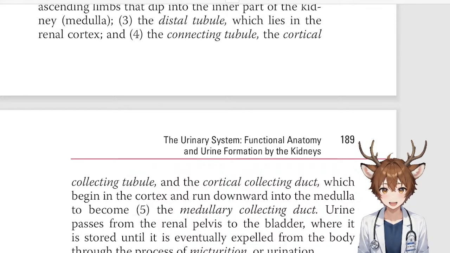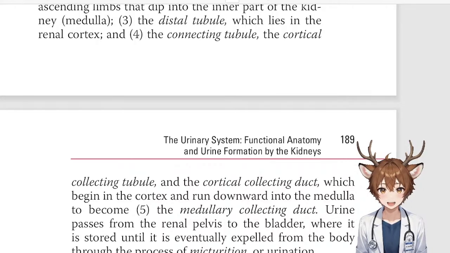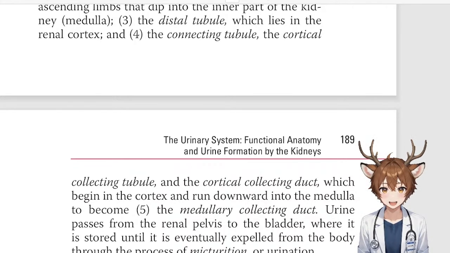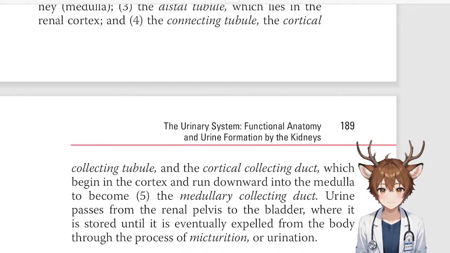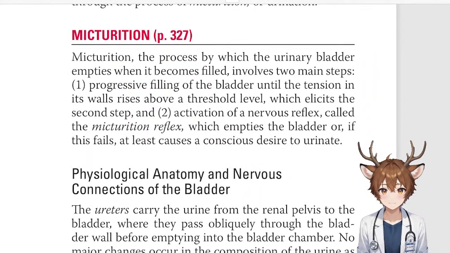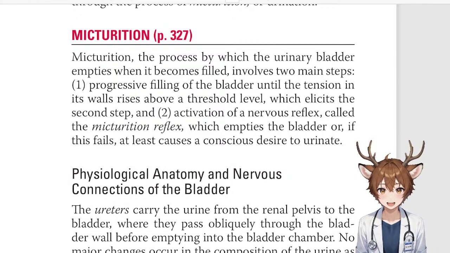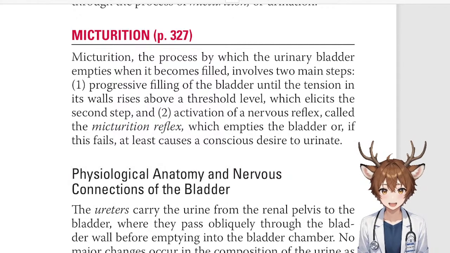Urine passes from the renal pelvis to the bladder, where it is stored until it eventually is expelled from the body through the process of micturition, that is to say, urination. Micturition, the process by which the urinary bladder empties when it becomes filled, involves 2 main steps.